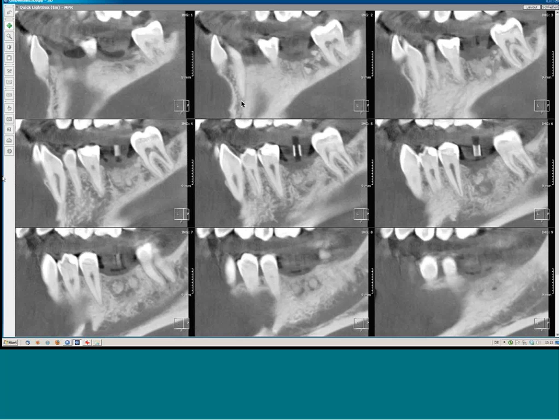Other bone changes you can see here. I made a series of sagittal images just to give you some alternate views to these typical transections. And what you see here are not root rests. These are socket preservations, and you see that they can look very similar to root rests.